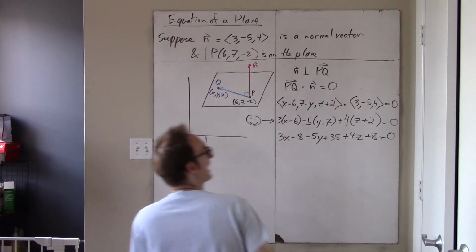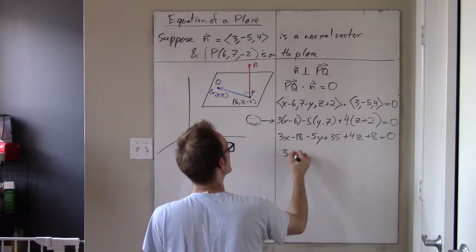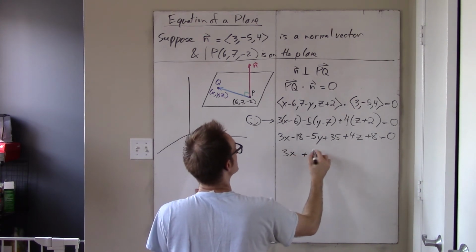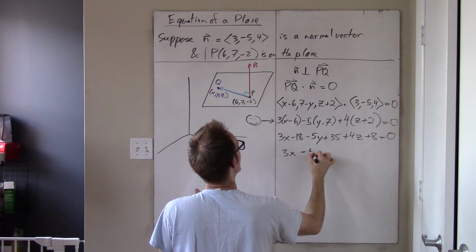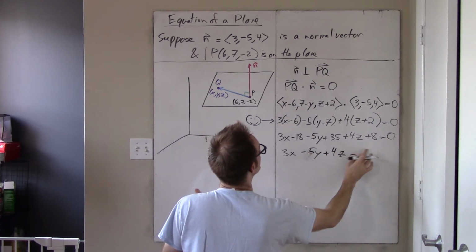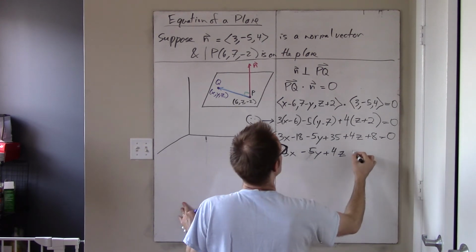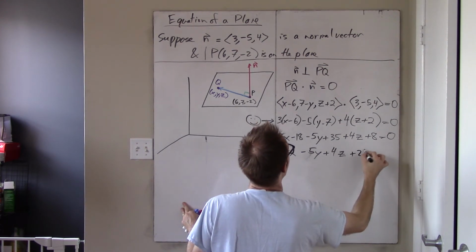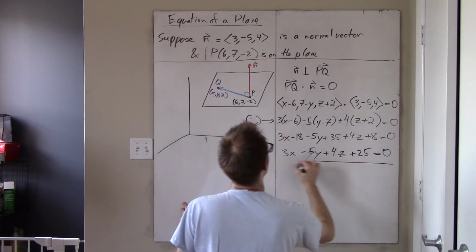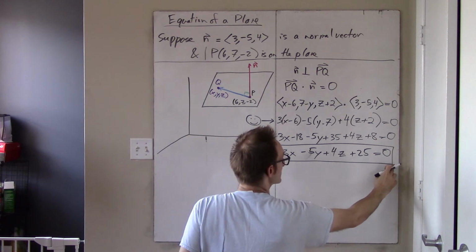If I now do a little bit of arithmetic, I get 3x minus 5y plus 4z plus 25 equals 0. Now this is hopefully starting to look more familiar.